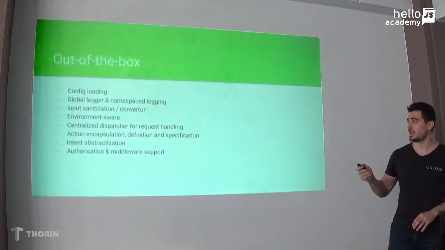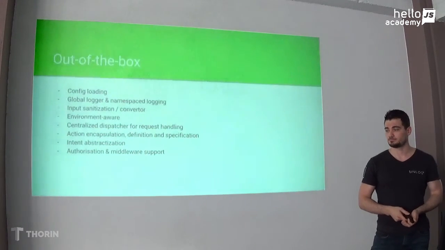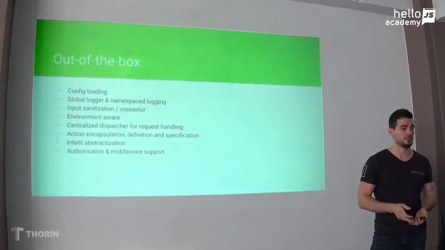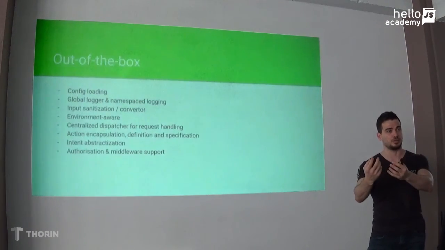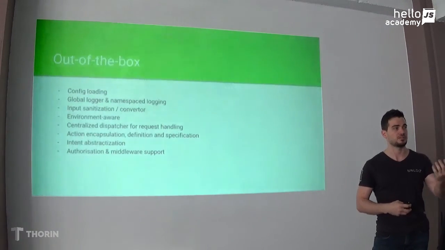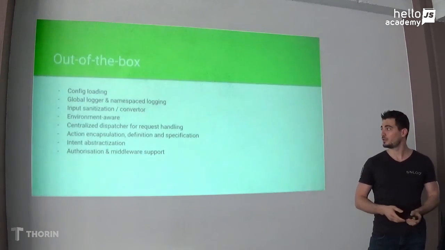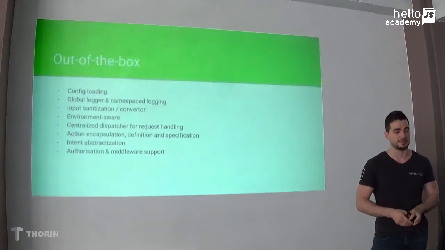It also has action encapsulation, definition, and specification. That means that in traditional web applications, you have the request object and you have the response object, right? The request object has information about the incoming request, IP, headers, and so on. The response has information about the things that you're going to send back to the client.